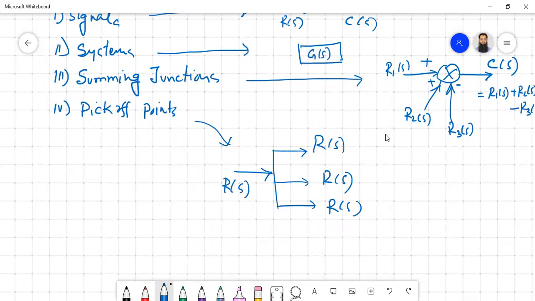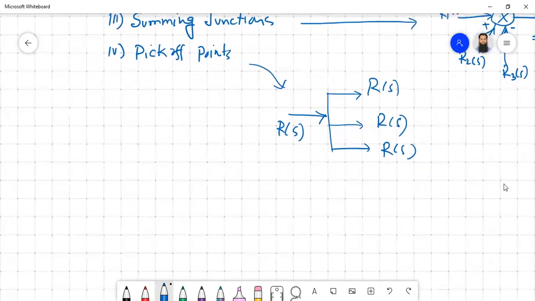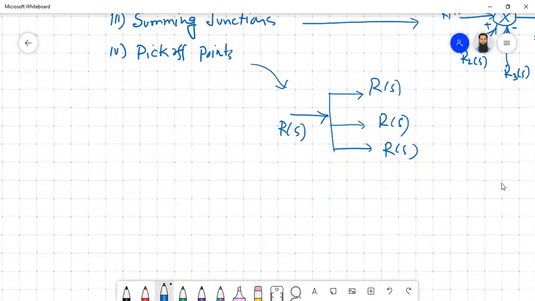So you may be thinking, then why is this a new concept? But if you recall, the feedback example that we gave in one of the first classes was something like this: G of S, then this is your output.